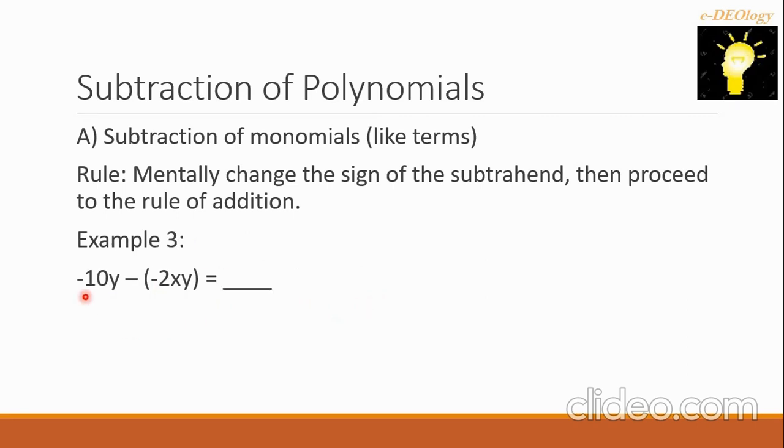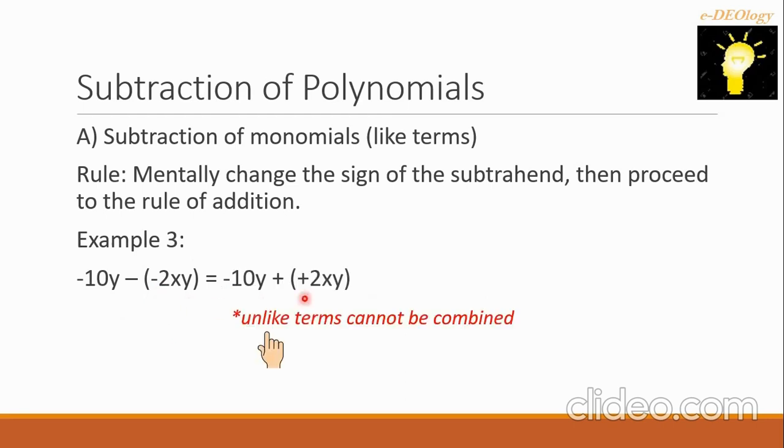Example 3, negative 10y minus a negative 2xy. So again, the second term is our subtrahend, so we're going to change the sign. From negative, it becomes positive, and then the operation becomes addition. However, we can observe here that the first term and the second term are not like terms.